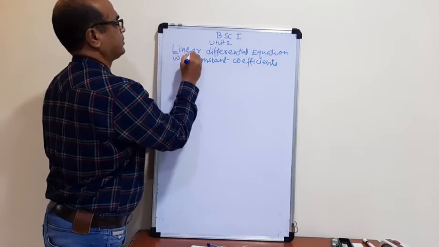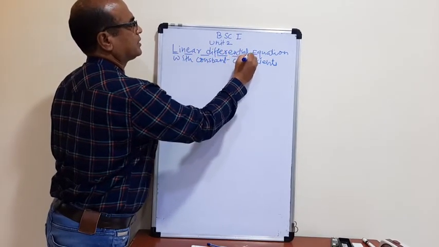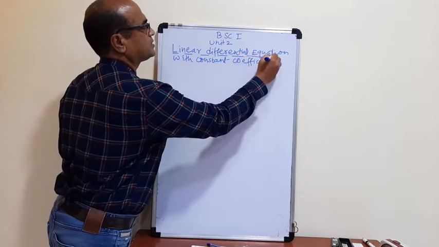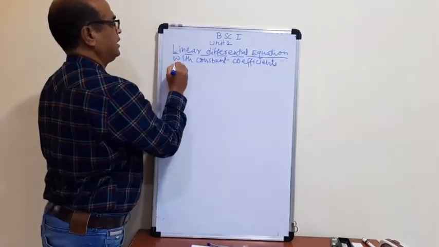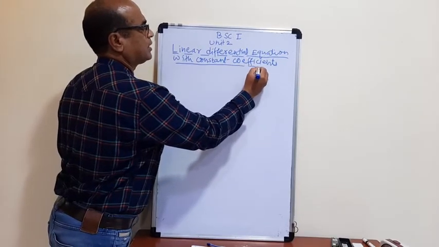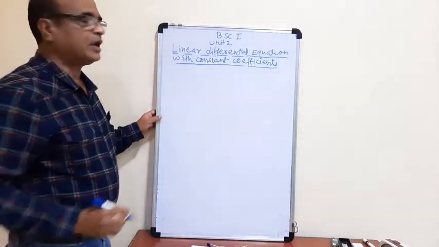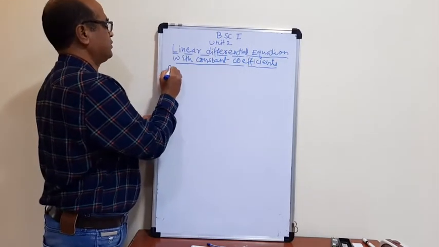So what is a linear differential equation with constant coefficients? Before that we have to study the first order and first degree differential equation. So what is the definition of this equation?